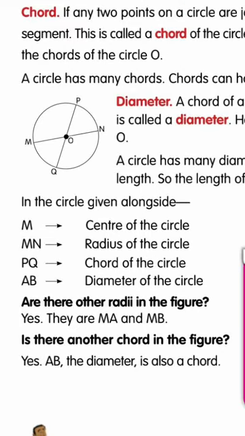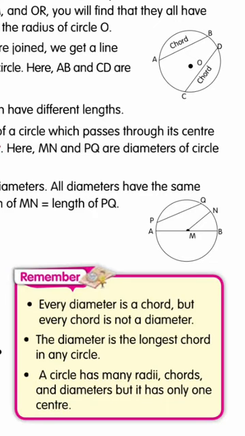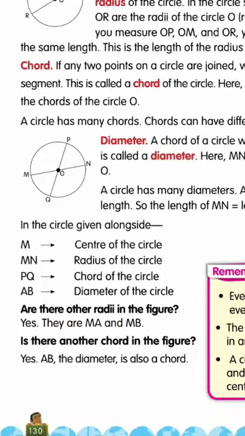Now next question is, are there other radii in the figure? Yes, MA and MB. These are the radii of the circle.